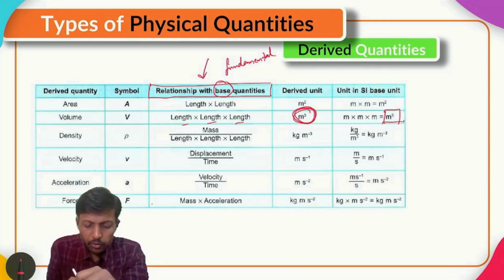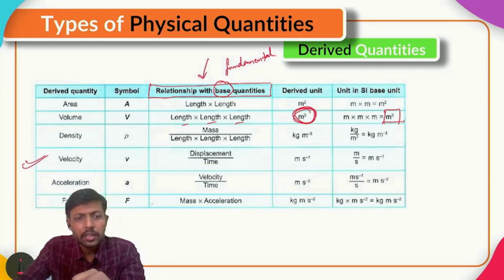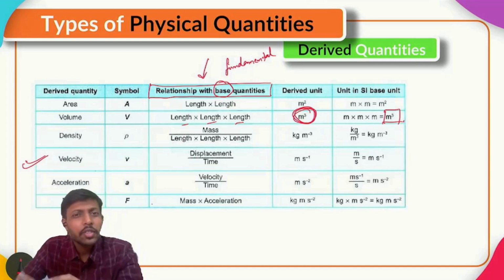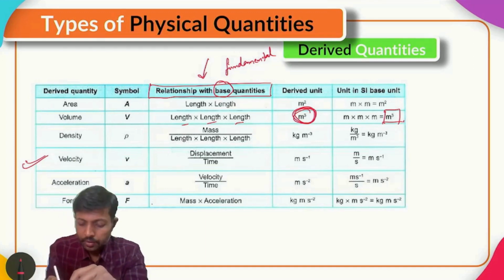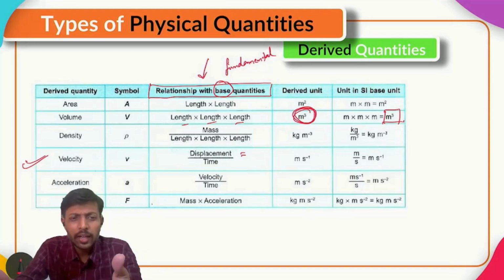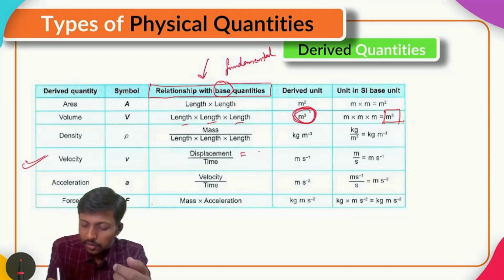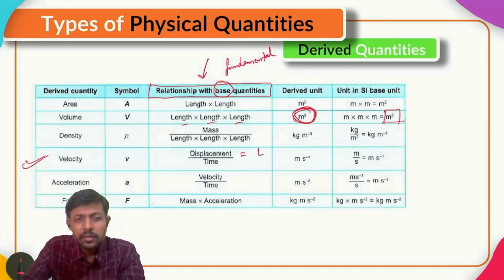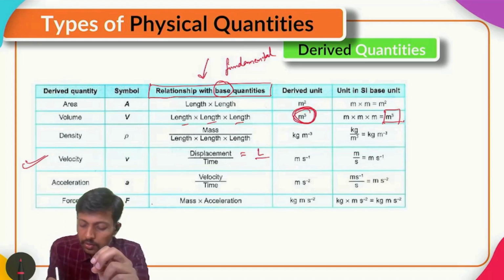Let's take one more example, the example of velocity. Velocity is displacement upon time. How do we measure displacements? Displacement is also a length, right? Which is a fundamental quantity, length. And time is also a fundamental quantity, remember? So L upon T, length upon time.